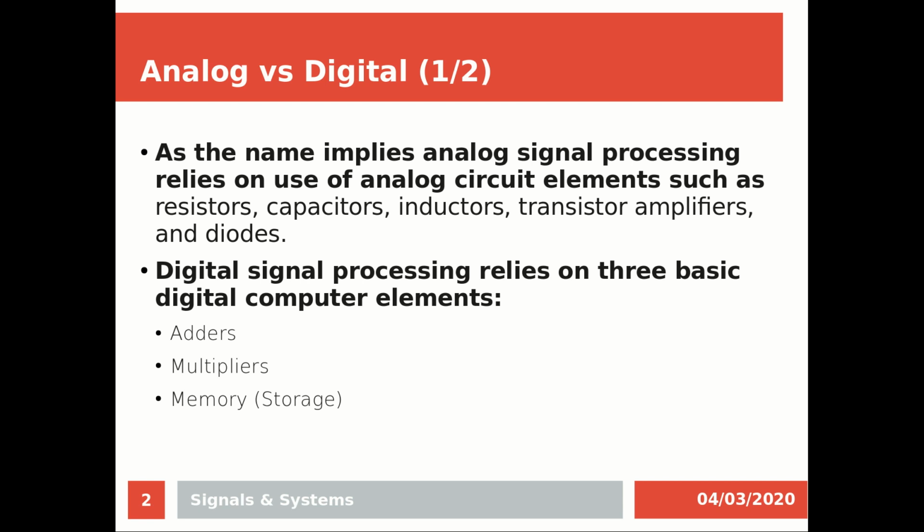Digital signal processing, on the other side, relies on adders, multipliers, memory, or storage. So these are very basic differences between analog and digital.